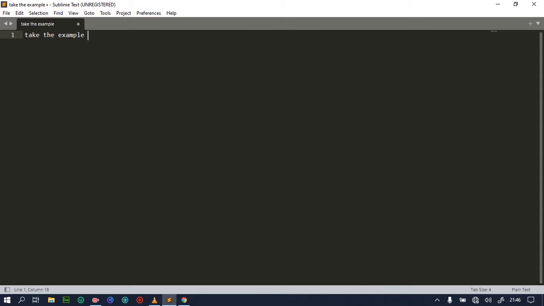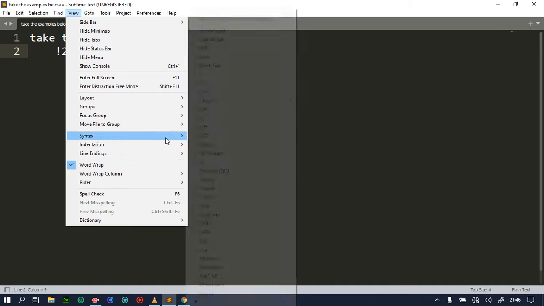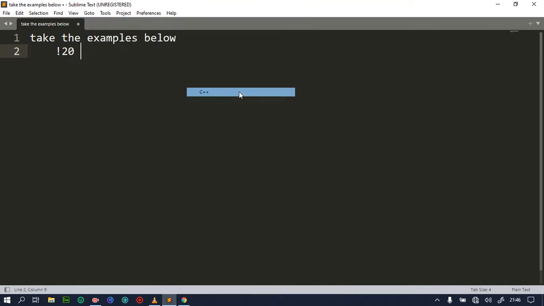Take the example below. Okay, let's zoom a bit. What if I have a negation of 20? Without forgetting our syntax, what if we have a negation of 20? Definitely this gives a 0.